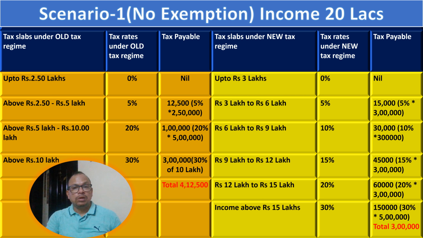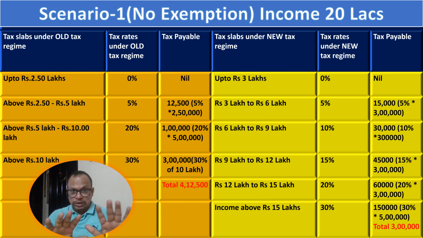If you see scenario 1, without any deductions, without any exemptions, if a person has an income of 20 lakhs, then what is the scenario under the old tax regime and the new revised tax regime? Take a salaried person drawing a total income of 20 lakhs.